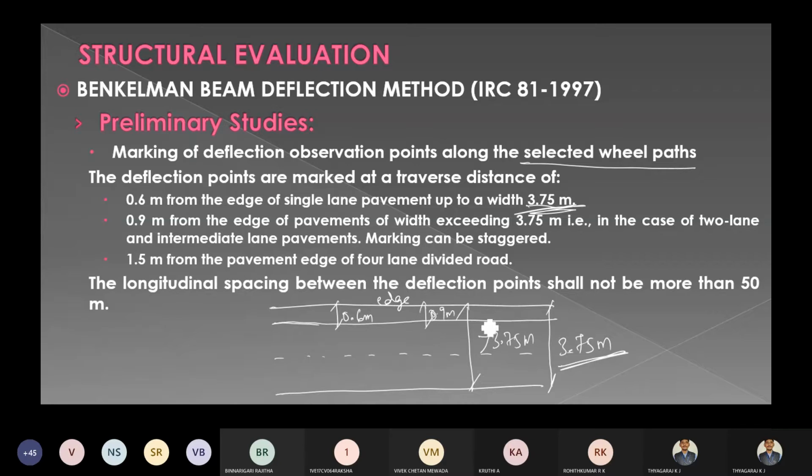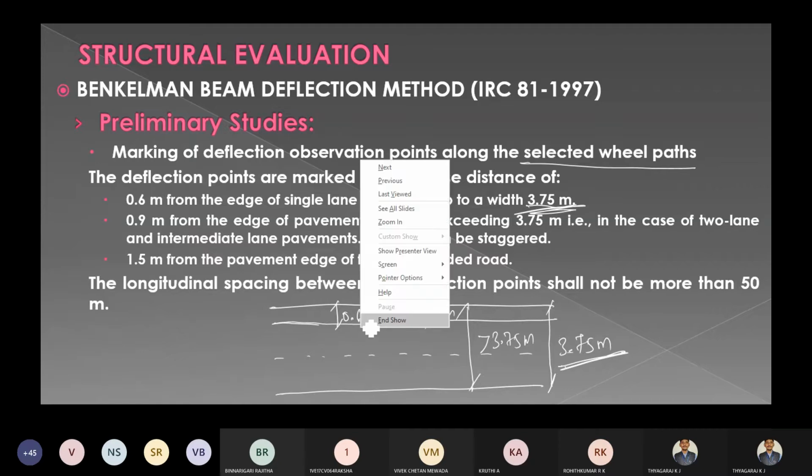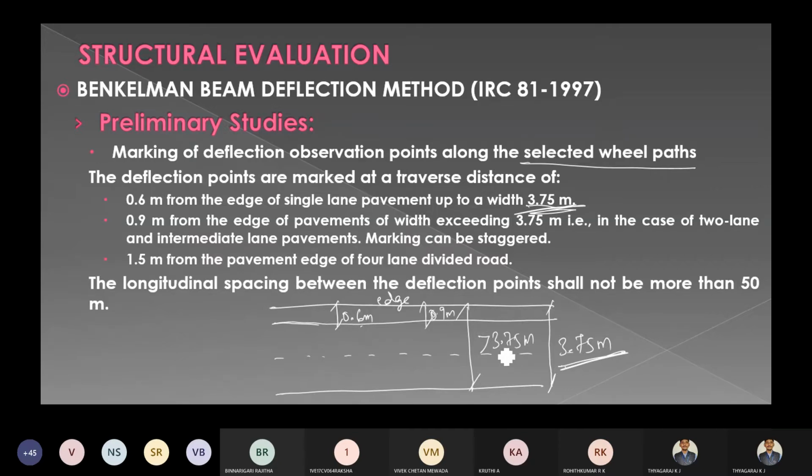Remember, if the road width is 3.75, mark at 0.6 meter, and if it is greater than 3.75, mark at 0.9 meter.